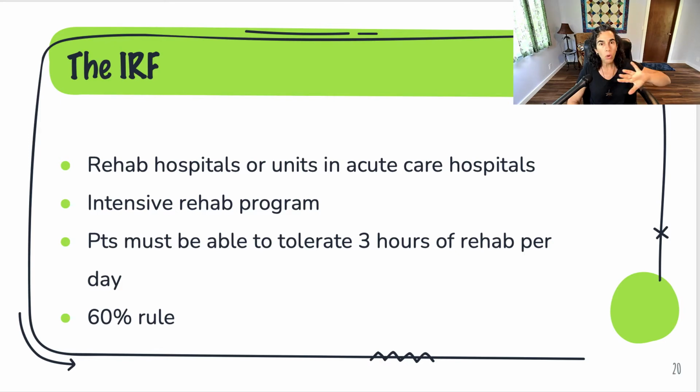This is a whole different set of conditions, but there are a set number, and 60% of the people within that facility have to qualify for Medicare under one of those conditions. So what are they? They're things like stroke, spinal cord injury, brain injury, and hip fracture, amongst others. But those are some common ones.